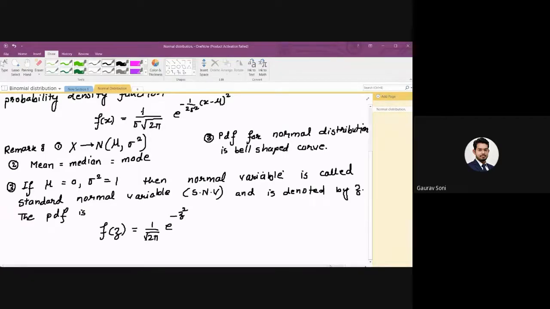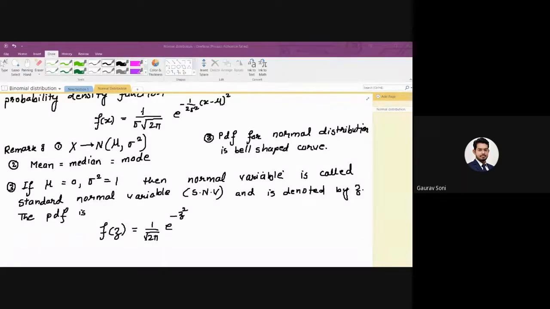What we are doing here is, as I said in the previous remark, that it is a bell-shaped curve. It may be shifted somewhere, it may be larger, it may be smaller.